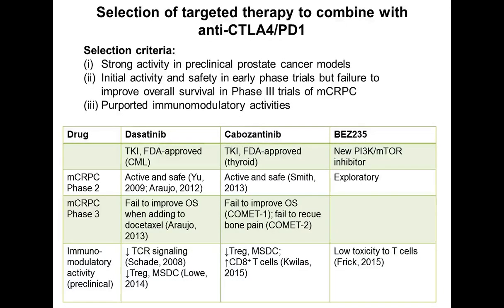Because PTEN deletion is very frequent in prostate cancer, we're also interested in testing a PI3 kinase mTOR inhibitor. We focus on this inhibitor called BEZ-235. This drug is still in the early exploratory stage. However, one paper does show that this drug has low toxicity to T cells.